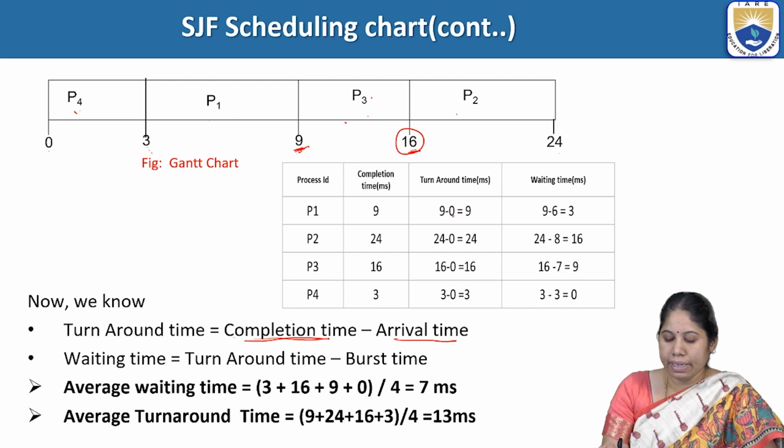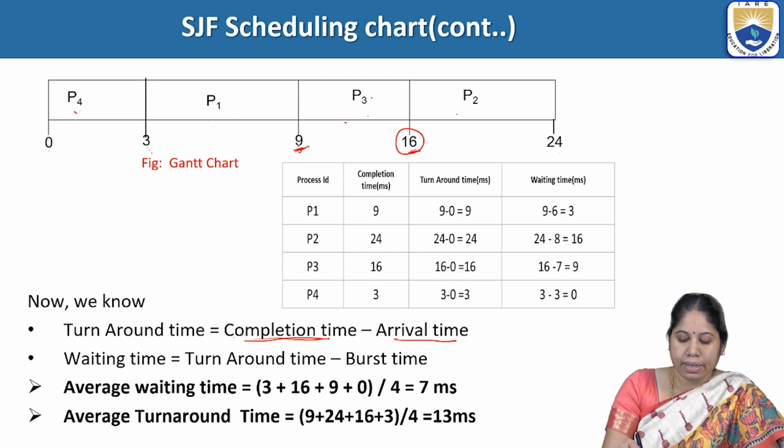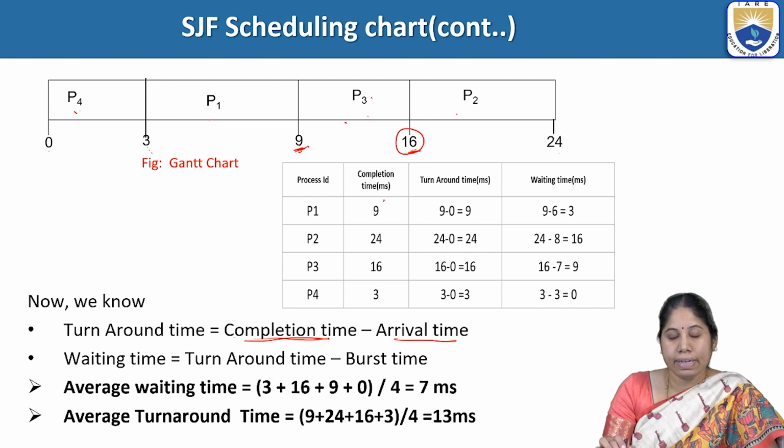The completion time is 9, the arrival time is 0, 9 minus 0 equals 9. For P2, completion time is 24, 24 minus 0, 24. For P3, 16 minus arrival time 0 equals 16.